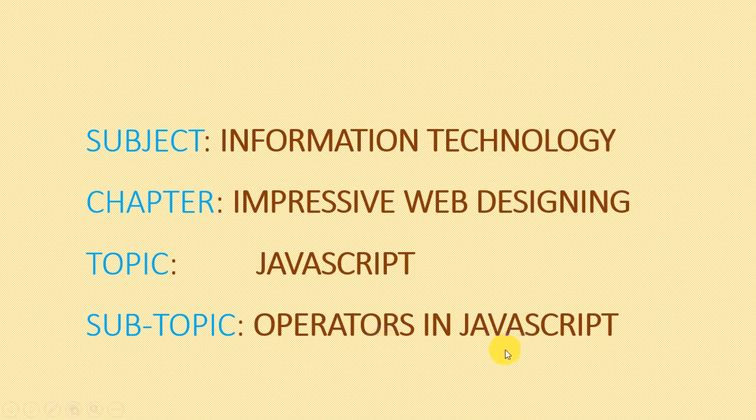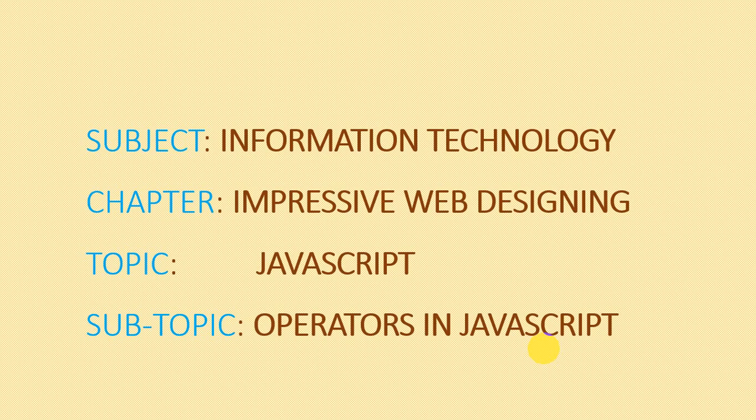So what are operators? An operator is a thing or a symbol which is used to perform certain operations. Operators are nothing but certain symbols used to perform arithmetic operations.